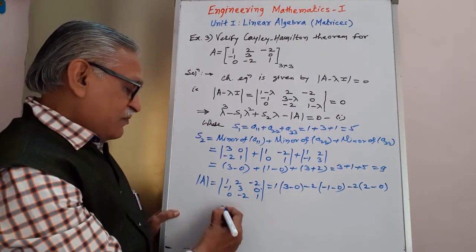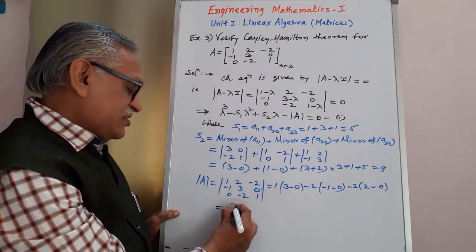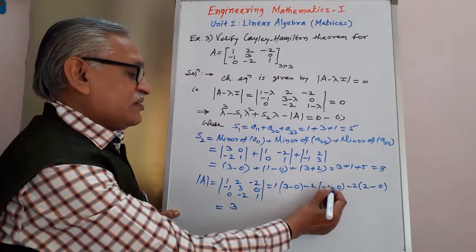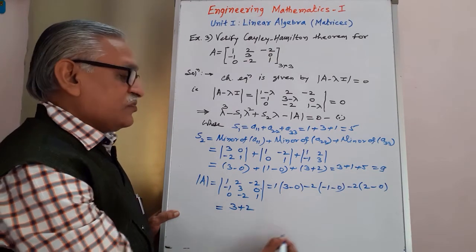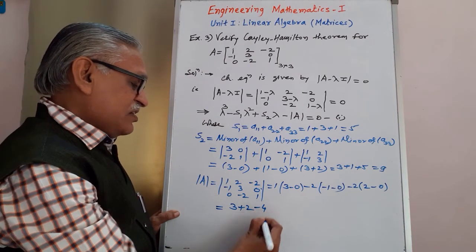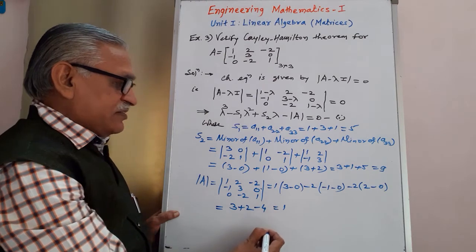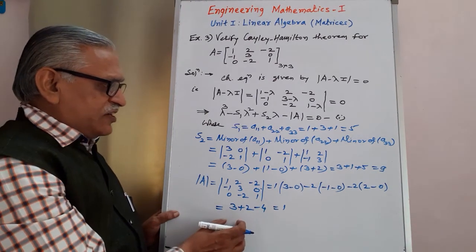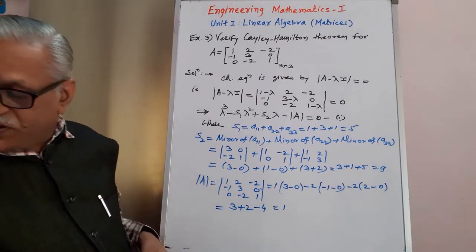Therefore simplifying it, we get that value as 3 into 1, we get 3, minus 2 into minus 1, we get plus 2, and minus 2 into 2, we get that value as 4. 5 minus 4, we get that value as 1.